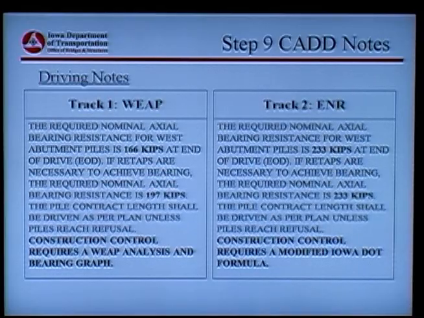As well as the driving notes, you require 166 as the target driving resistance at end of driving, whereas 233 is required using the ENR. If you retap the pile, 197 kips is required as compared with 233 using the ENR, and the big difference is the construction method that you use. One is WIP, one is the ENR formula.